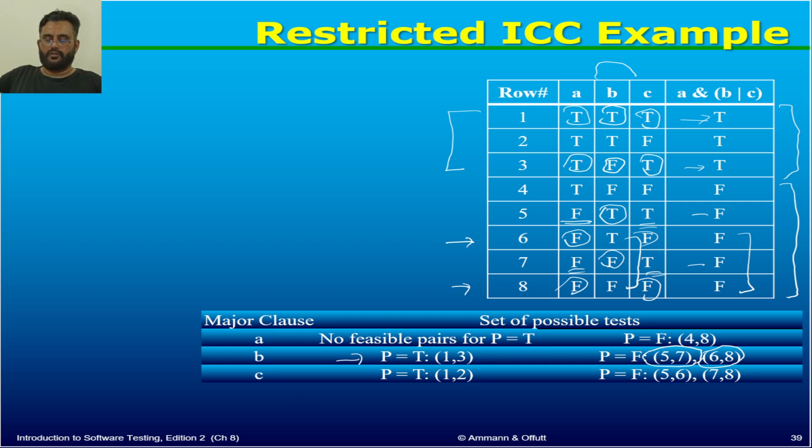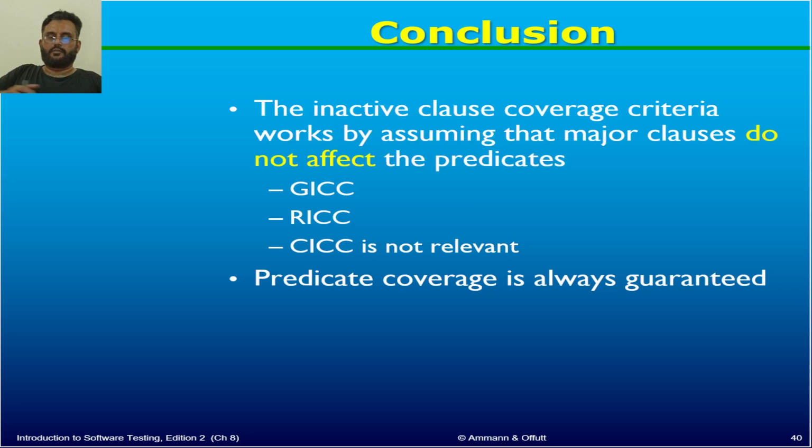In this video we looked at the possibility of inactive clause coverage, which works by assuming that major clauses do not affect the predicate. So we looked at those tuples in the truth table where changing the value of the major clause didn't affect the value of the predicate.